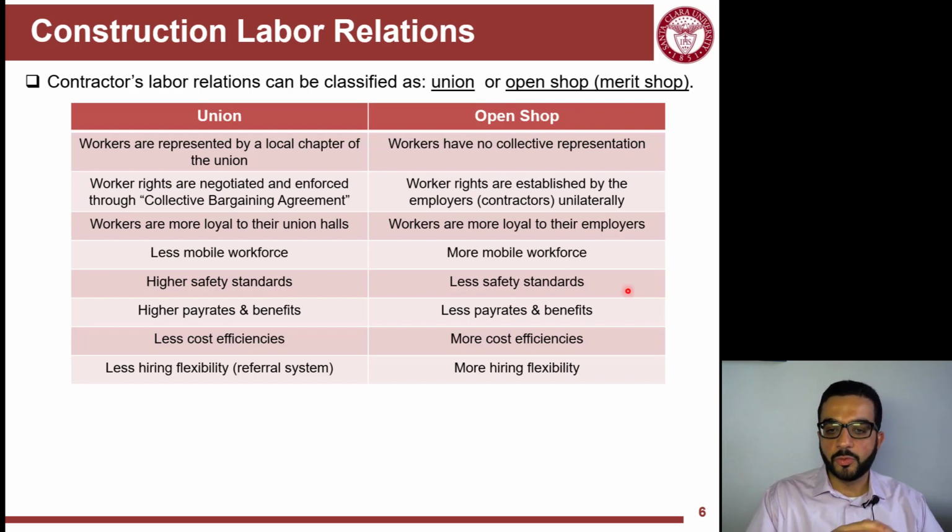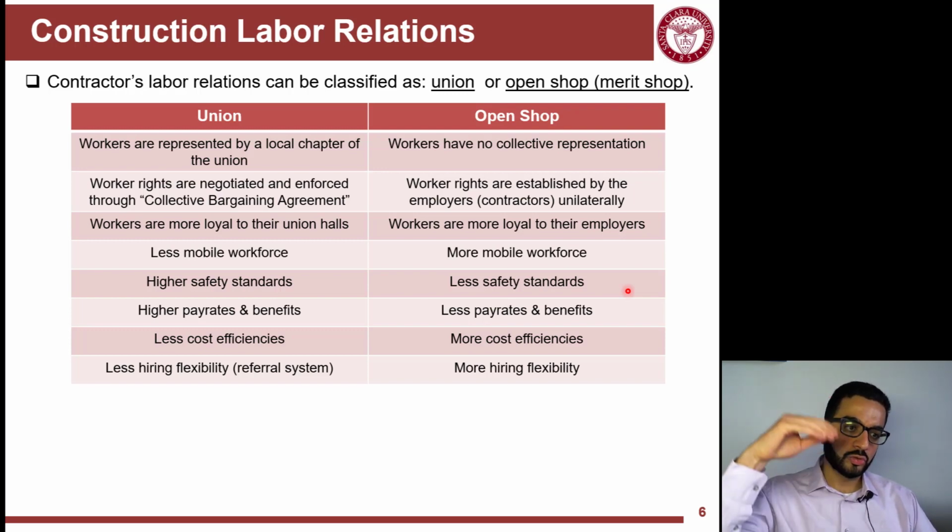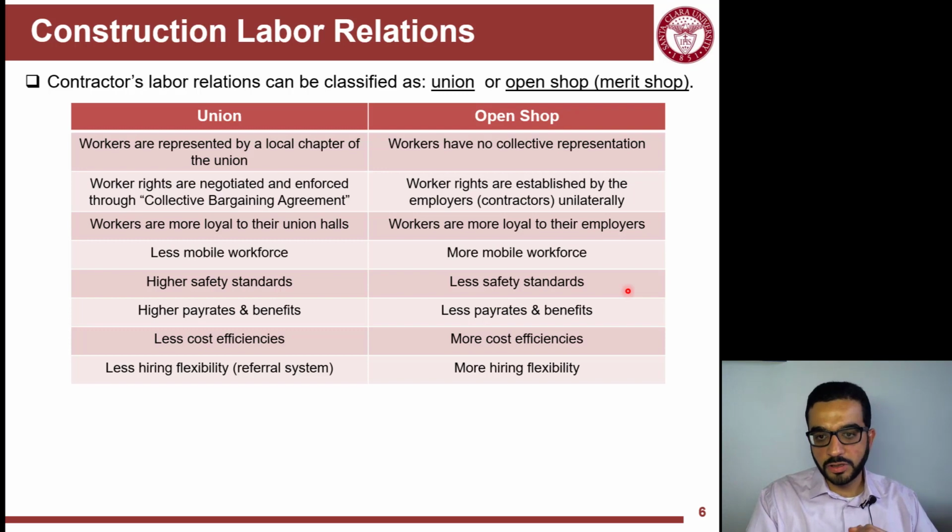In the union, the workforce is less mobile because every worker is signed or enlisted in a local union hall. It's not easy to have a worker moving from South Bay, let's say in San Francisco, to East Bay, somewhere a little north, or even Southern California. That mobility of workers is not easy, but it's not the case in open shop.